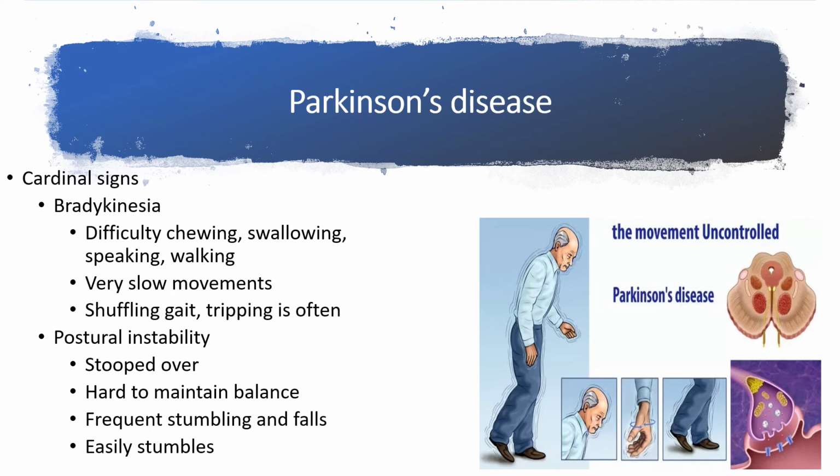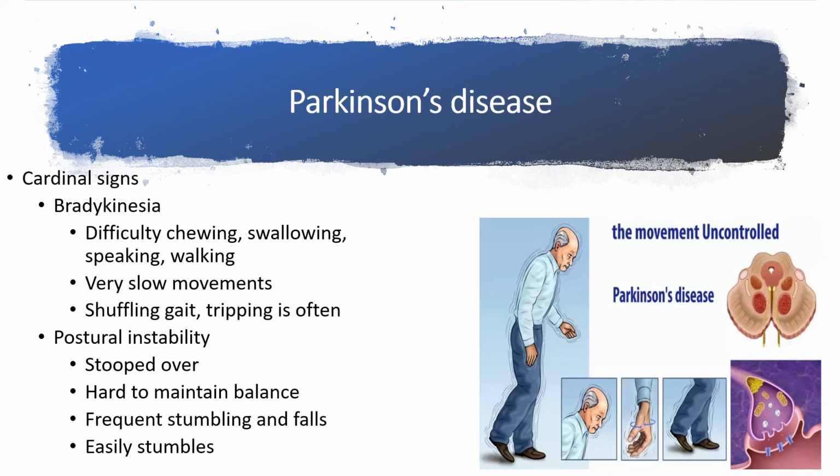Okay, the shuffling gait, again, big risk factor for falling. And they already tend to be very unstable because they have a stooped posture, and they don't have great coordination anymore.